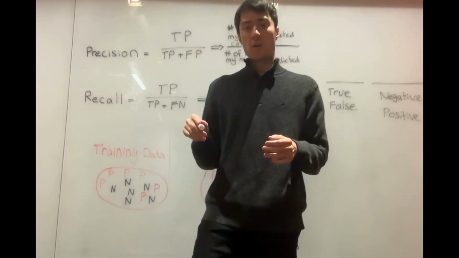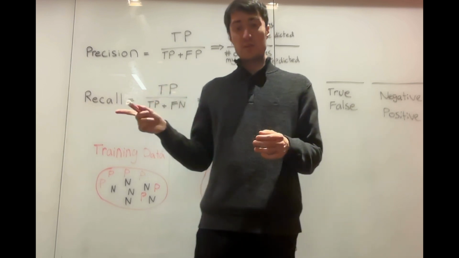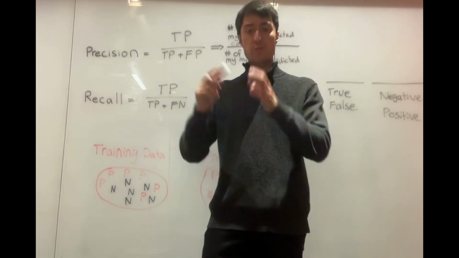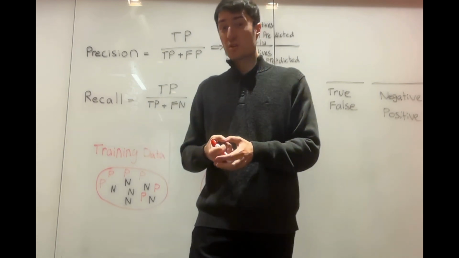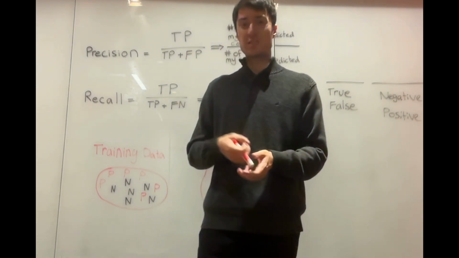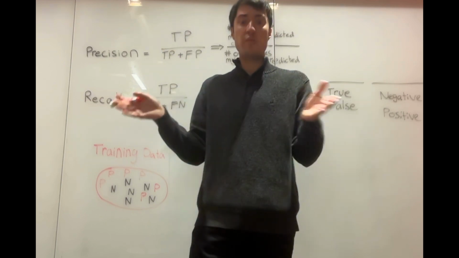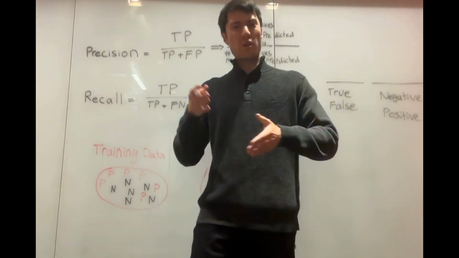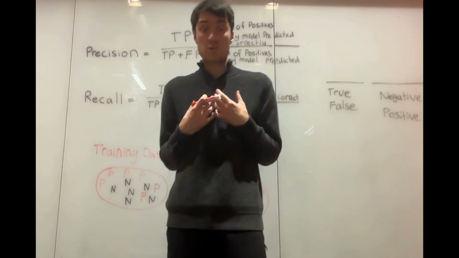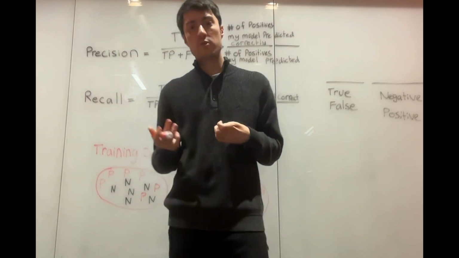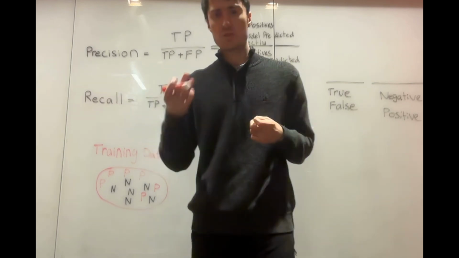Well, what you're going to have is a high recall because out of the people who actually do have cancer, it's going to correctly identify all of them. It's going to say you have cancer to everyone. But there's a lot of false alarms. It's going to tell people, hey, you have cancer. Oh no, I have cancer. And oh, actually, I don't. But the model just says that I do.